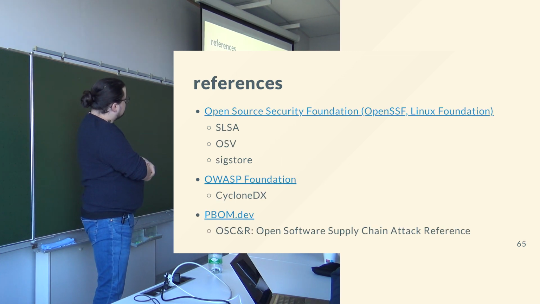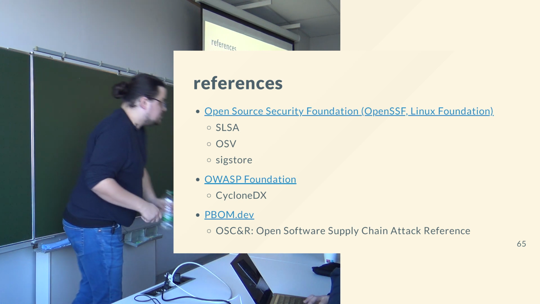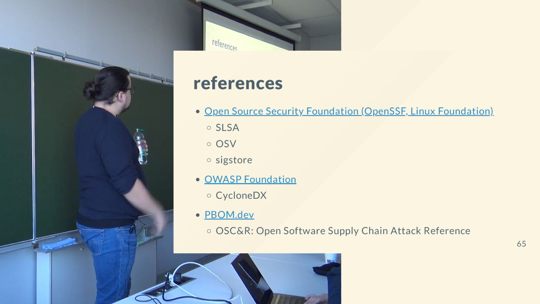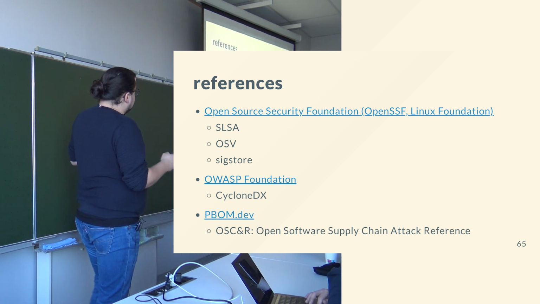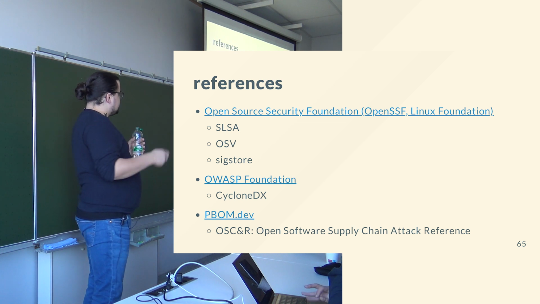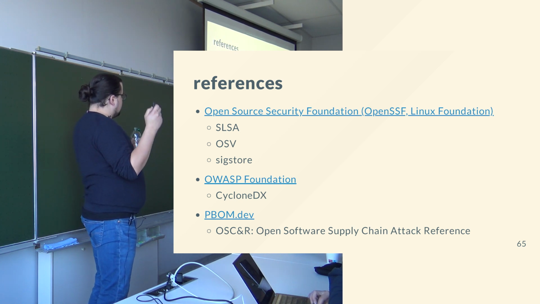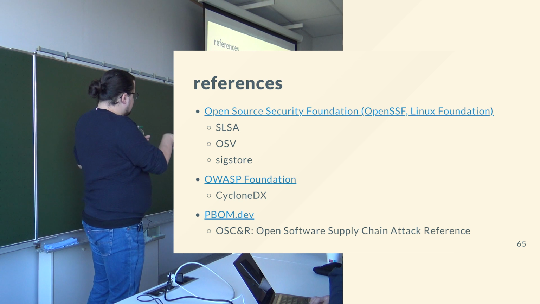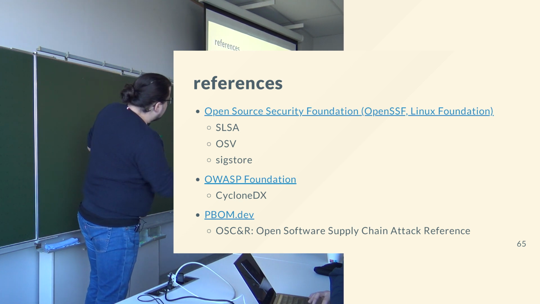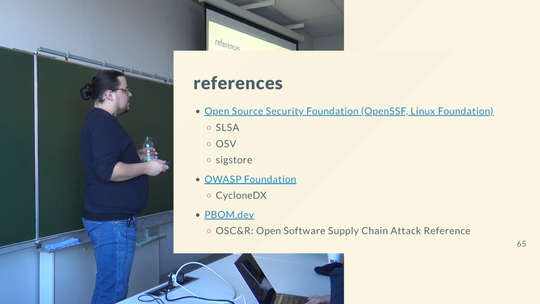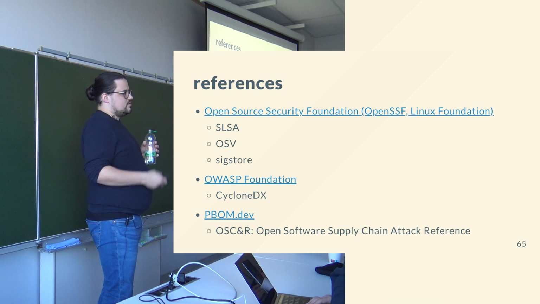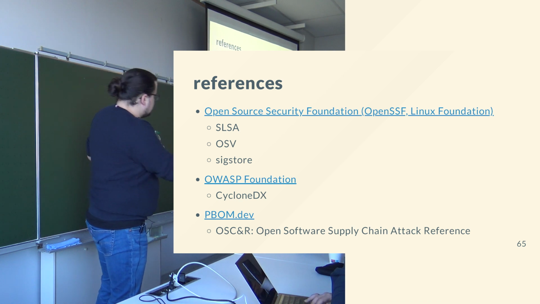So I give you a few references for more information, because that's quite a broad topic. The OpenSSF with SLSA, OSV, Sigstore, the OWASP Foundation with CycloneDX, pbomb.dev, which is really new. It appeared like last week, I think, with OSCAR, which is kind of the MITRE ATT&CK framework, describing all the possible ways you can attack the software supply chain.